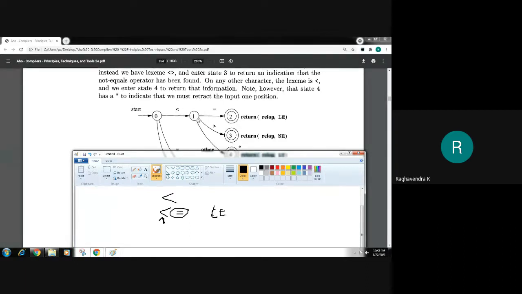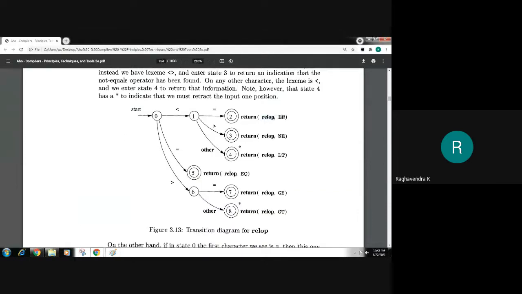From state number 1, if I read an equal to, then I will go to state number 2, which is an accepting state. I have already seen less than or equal to, so I have identified a relational operator, and I will return relational operator followed by LE.